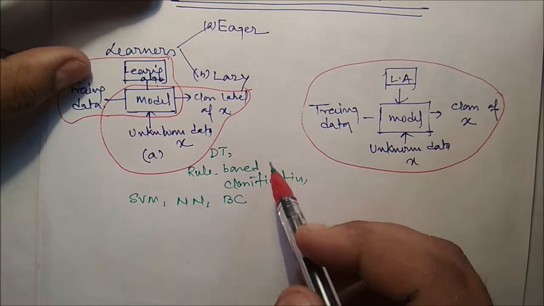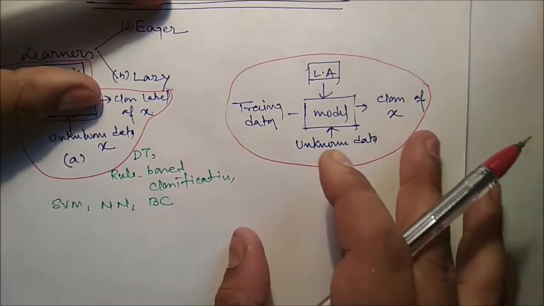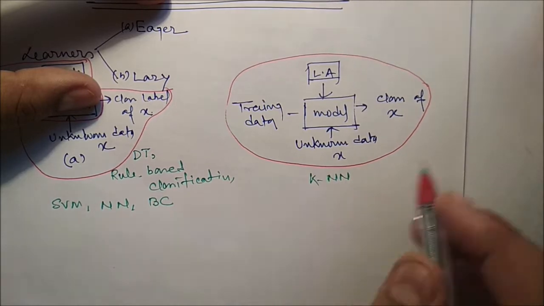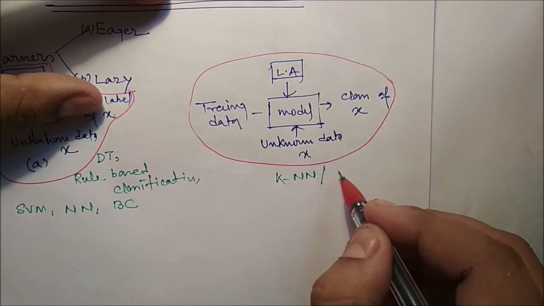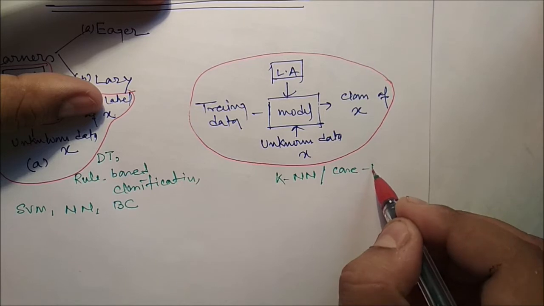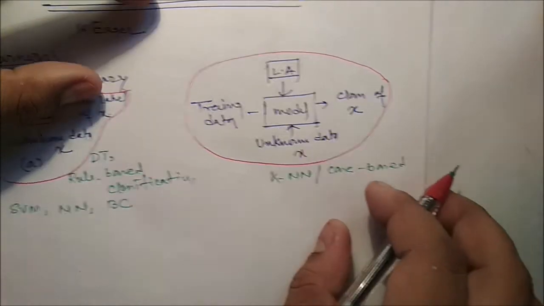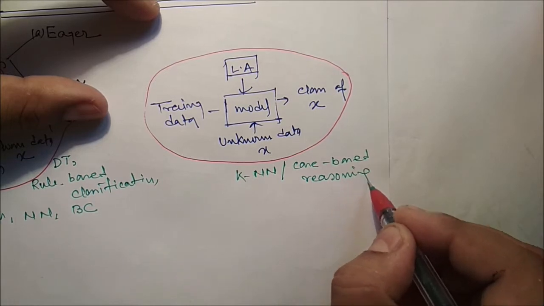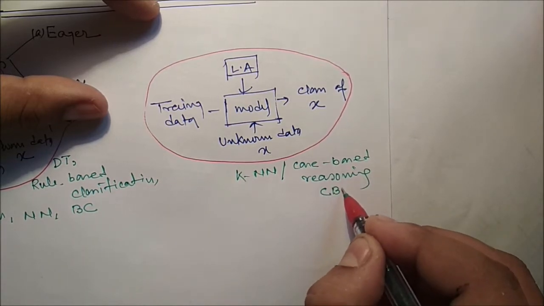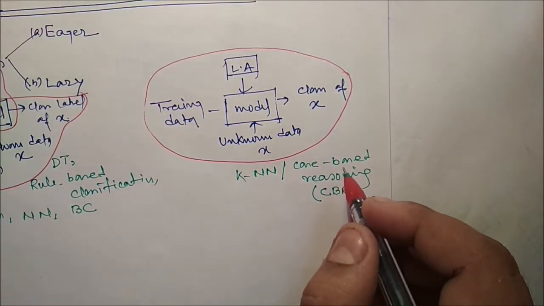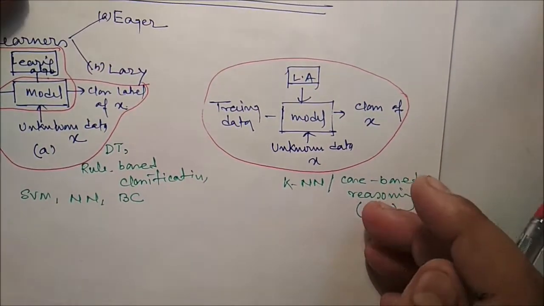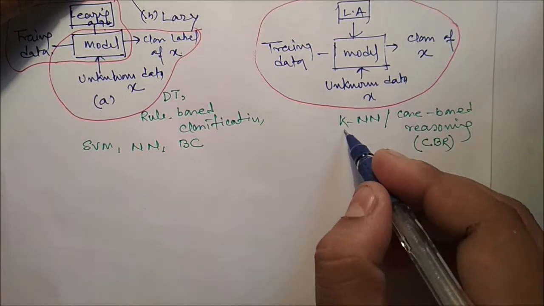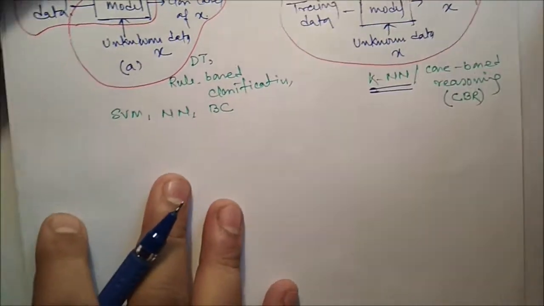But k nearest neighbor, which we will discuss in this particular video, and case-based reasoning, in short CBR, are examples of lazy learners. So in this video we will discuss the k nearest neighbor.